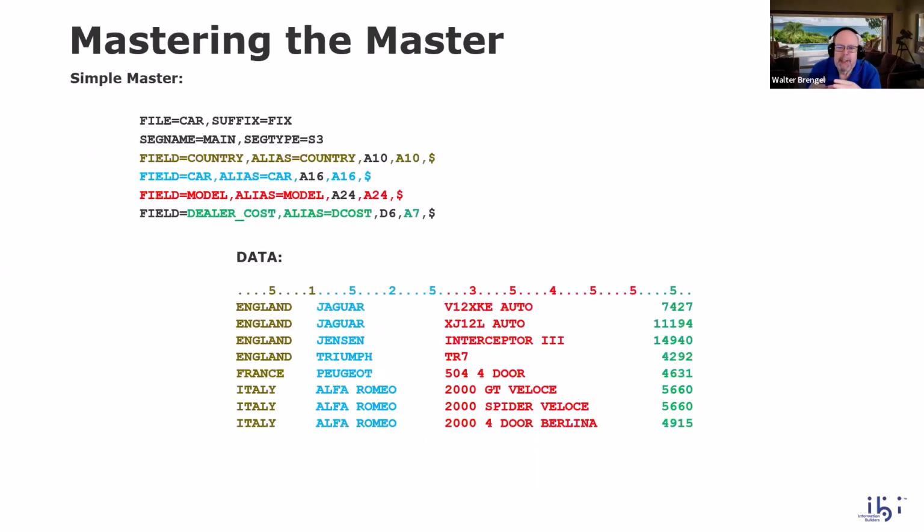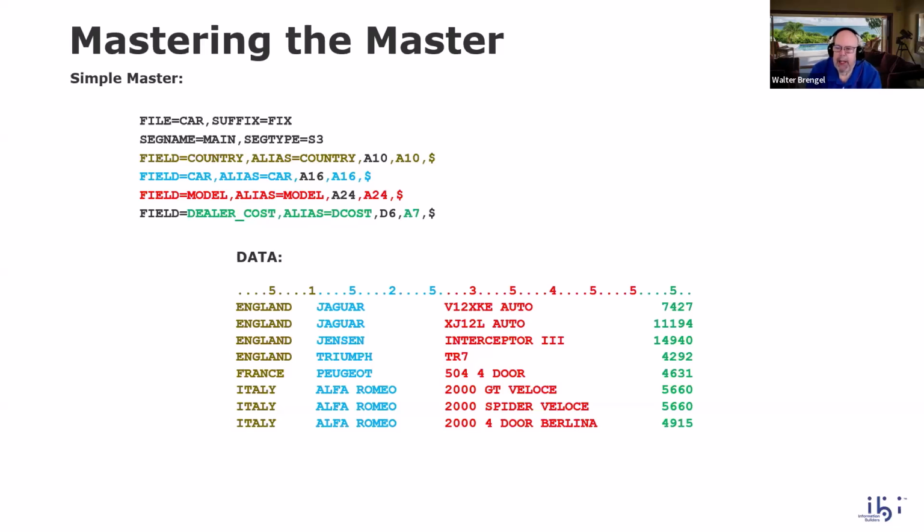If you have just a simple fixed file, a sequential file, where I have one record, I have one column following another column. So in my data area, I have England as the first 10 characters, then Jaguar is the next 16, and then model is the next 24. So all this data should look pretty familiar. The last one is going to be dealer cost. In order for FOCUS to be able to read it, I have to tell it that country is identified in the first 10 characters.